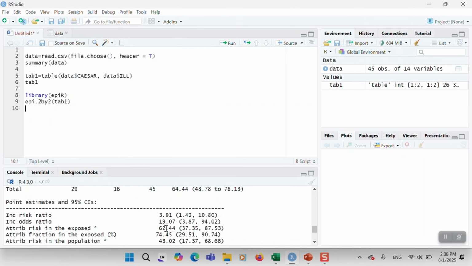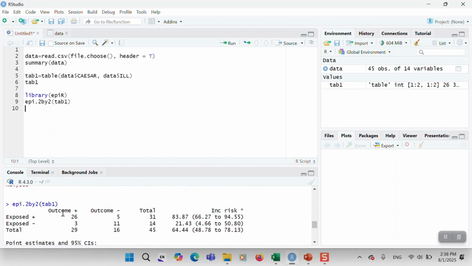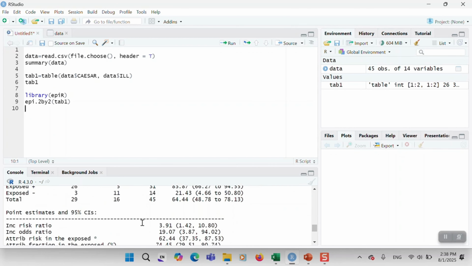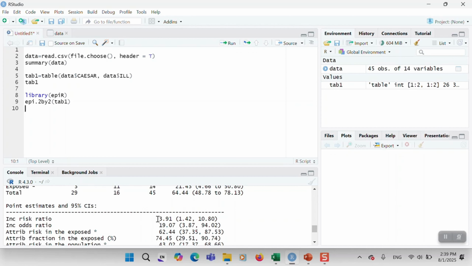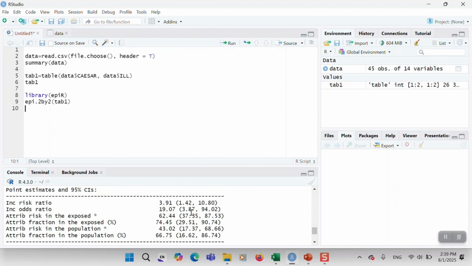And here are the results. So we have the exposed and the outcome, and also here is the risk ratio. As you can see, it is significant. The value of the risk ratio is 3.91, and it is significant because it never crosses 1. And if you look at the odds ratio, it is very high, over 19, and also significant. Since both of them are significant, there is strong evidence of an association between Caesar salad and illness.